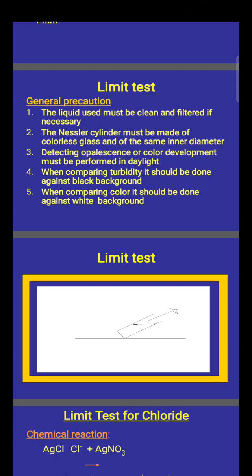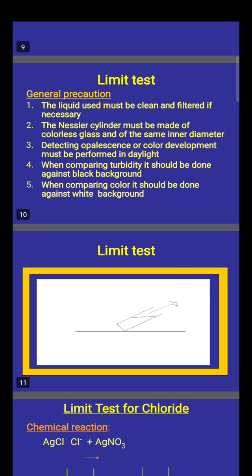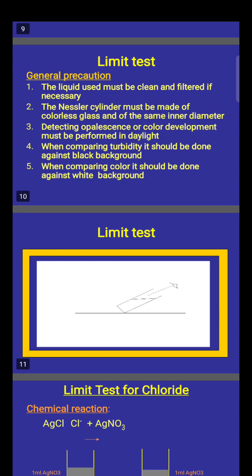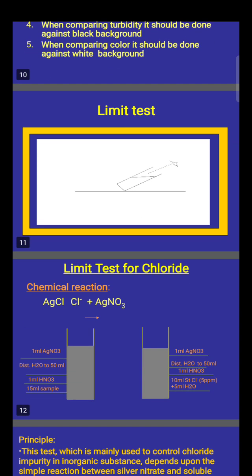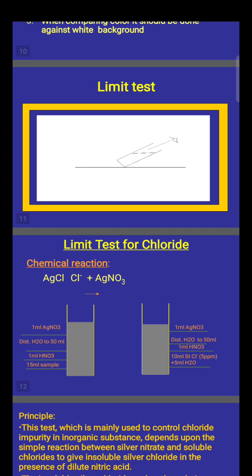These are the general precautions we have to take before starting the limit test, because by performing it we can identify the impurities present in the sample, and we have to use the comparison method for that. If we compare two solutions, the two must be of the same kind, so the Nessler cylinders required for both should be of the same size and same diameter. Here in this diagram you can see the solution in the Nessler cylinder. We check its opalescence.